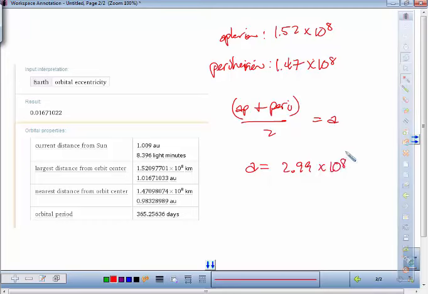So that's your A divided by 2. And then your E is equal to this.